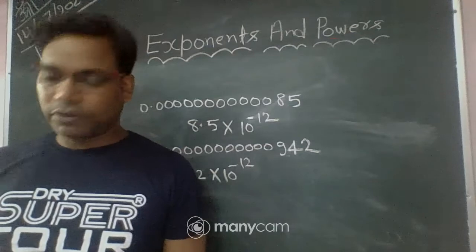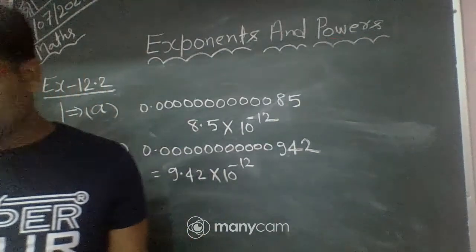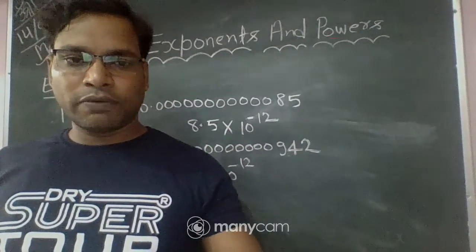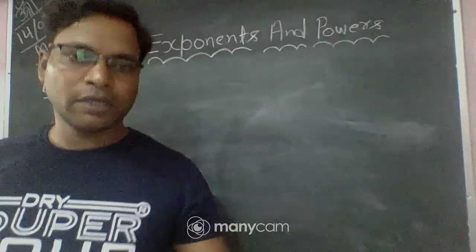Now the third part of question number 1. This is the third part: 602 1 2 3 4 5 6 7 8 9 10 11 12 13. This is the given number.